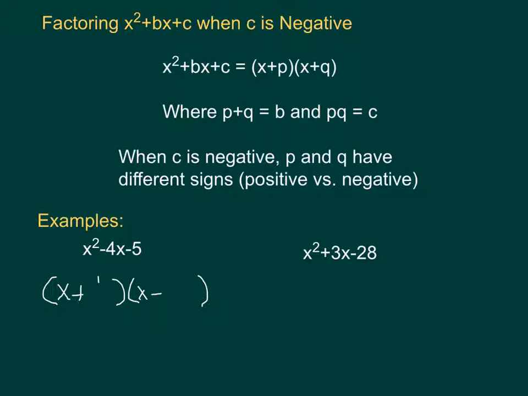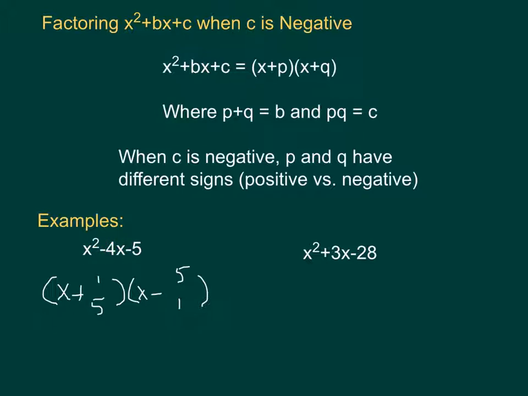So we have to make a decision of whether to include the 1 in the first binomial and the 5 in the second, or the 5 in the first binomial and the 1 in the second. And what's going to make a difference is that we have to think about these two numbers as adding up to negative 4.